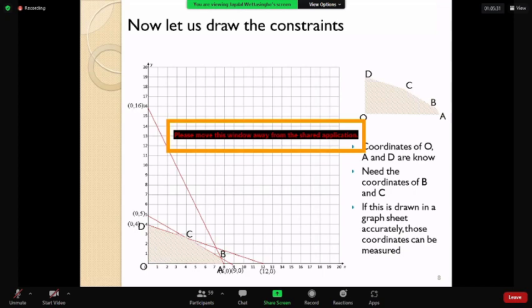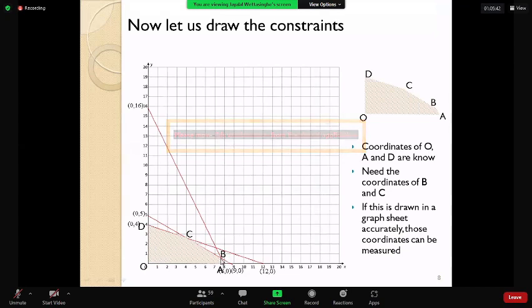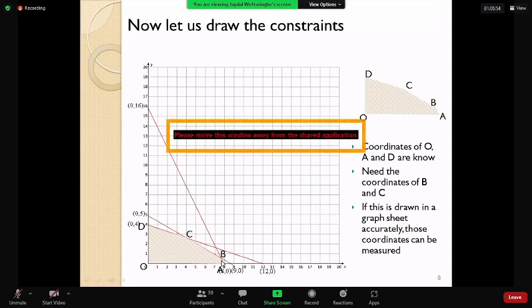Okay, for B, I will take B, this is more clear. How can you find this point B without measuring on the graph sheet? Any idea? It is very simple mathematics. How can you find point B?